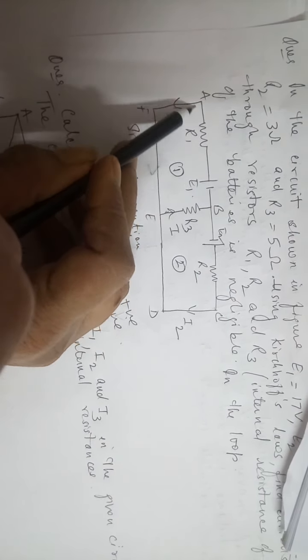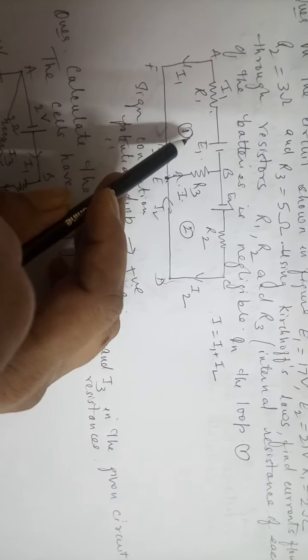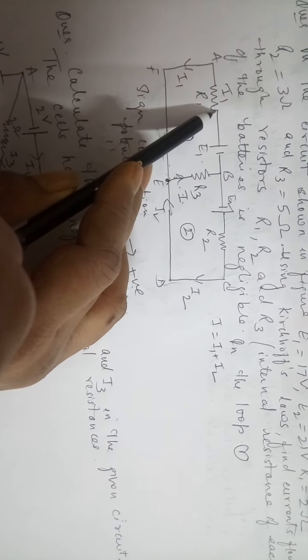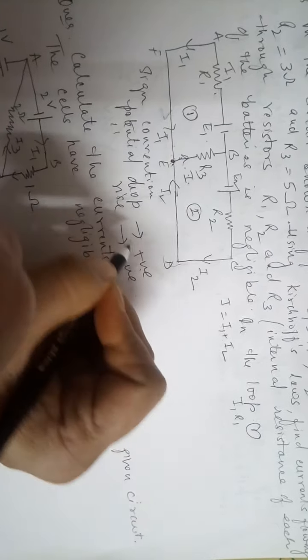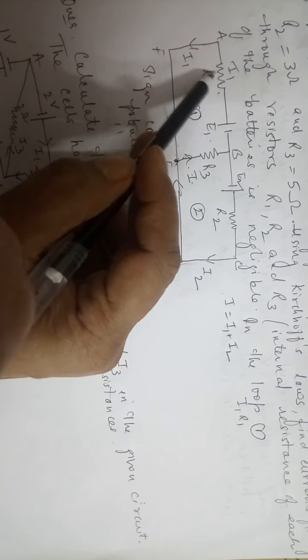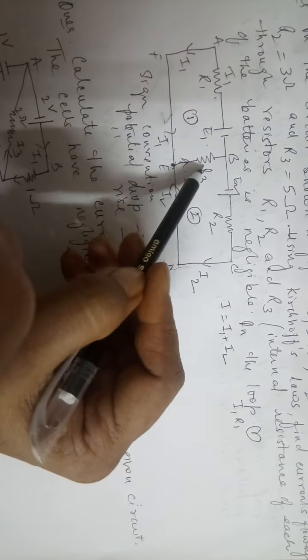Now in loop 1, we start from here. This is the resistor, so there is a drop, and we write I1 R1. Then we come here, and this is resistance R3 and the current is I. So plus, because it is a potential drop, we take it as positive.